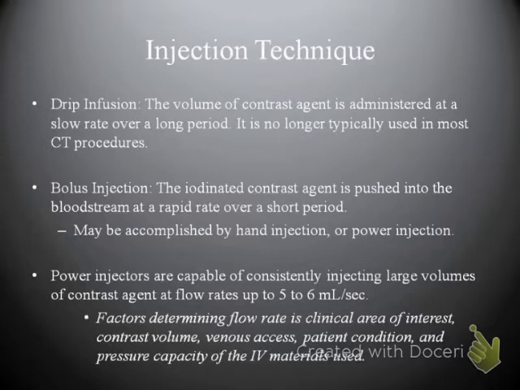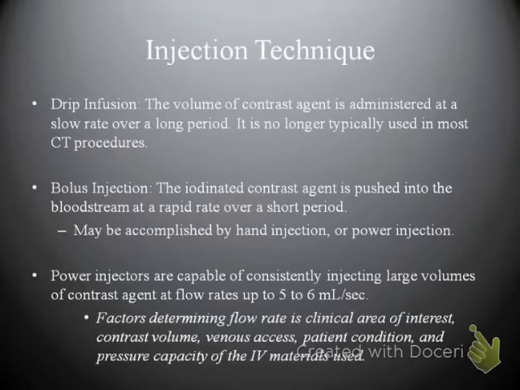And we can see that a bolus injection may be accomplished by hand injection or power injection. We typically think of a bolus being power injected, but you can actually accomplish this by using your hand as well, just pushing a syringe if the IV is adequate.